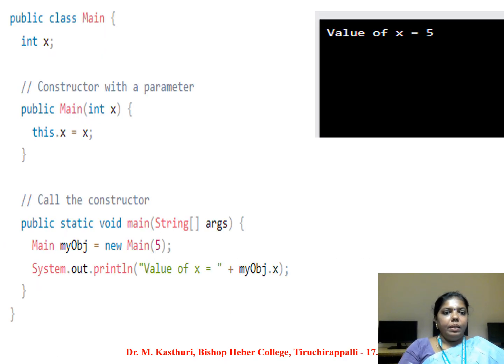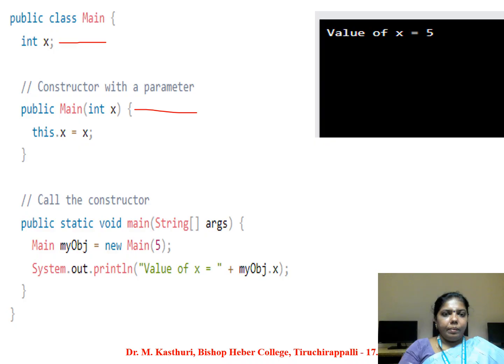Now we see about this keyword with the help of this particular program. Here we have one class which is a main class which contains only one variable x, and one constructor is executed here.